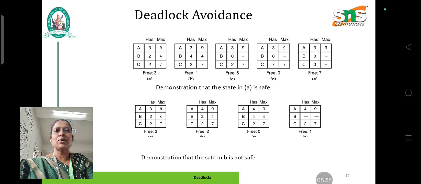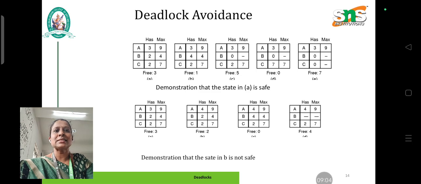In deadlock avoidance, we can identify whether the system is in the safe state or the unsafe state. If you see this diagram, we have 3 different processes named process A, process B and process C. The total number of resources is 10, so you can allocate 10 different resources to processes A, B and C. Here the available is free, so this indicates that the system is in the safe state.